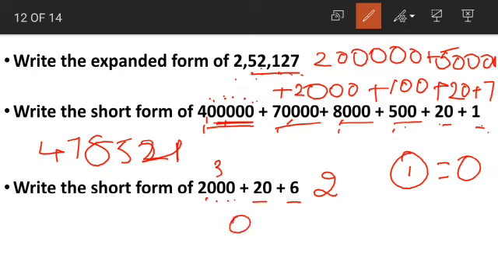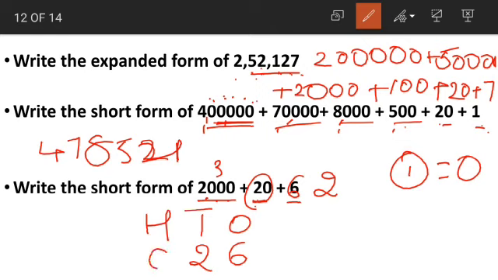First, let us look at the ones place. In ones place we are having 6. The face value of 6 is 6. Then we are having 20. 20 is in tens place, which means we have to write its face value 2 in the tens place. Then we have hundreds place. We are having 2000. Will 2000 come in hundreds place? No, right?